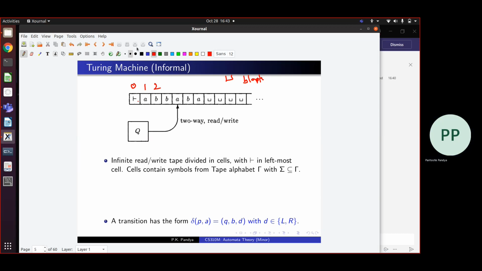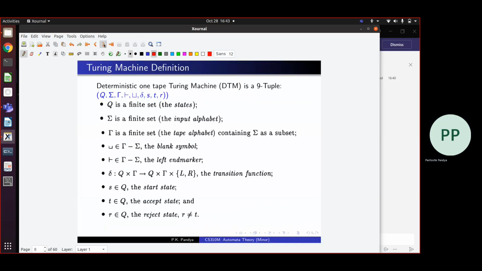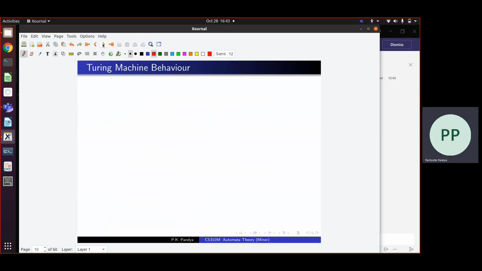And so what we can say is that at any point, the tape will consist of the left end marker, which will never be changed, followed by a string y belonging to gamma star, where gamma is the tape alphabet.